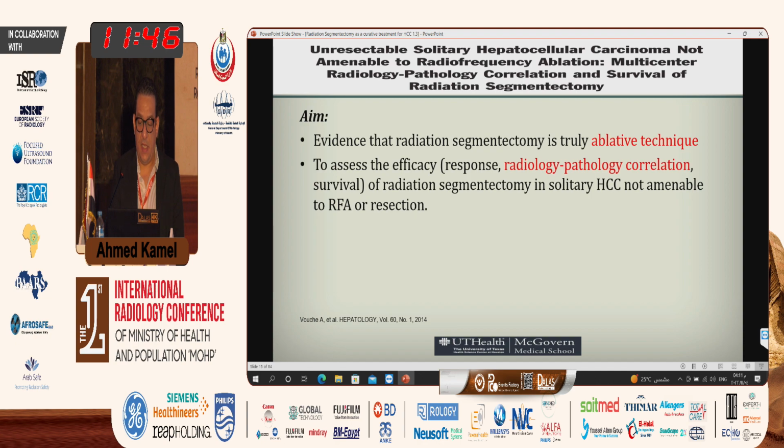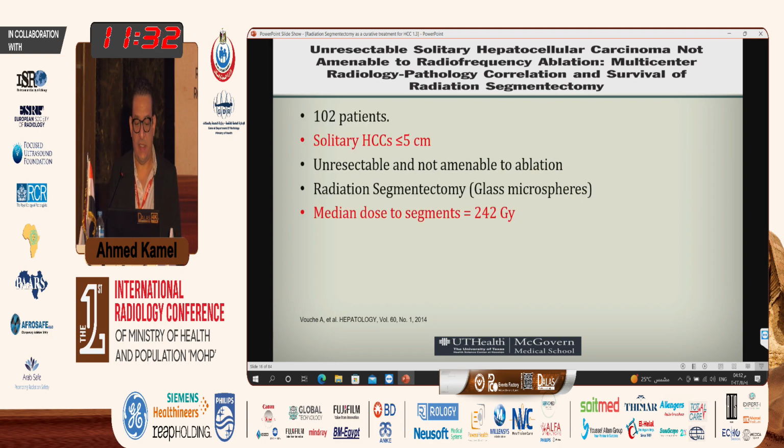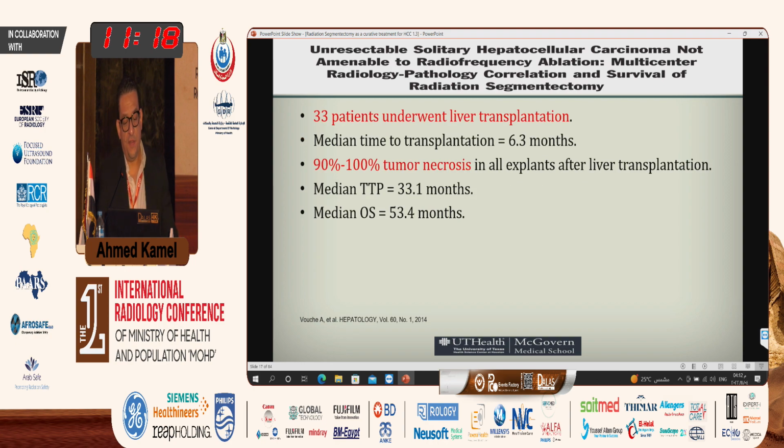Then Vouche, in 2014, wanted to study whether this is really an ablative technique by correlating the radiologic follow-up with pathologic correlation. He looked at 102 patients with solitary HCC less than 5 centimeters who had radiation segmentectomy with the same technique described by Riaz, and the median dose given was 240 grays. 33 patients had liver transplantation, which is how they got their pathologic correlation.